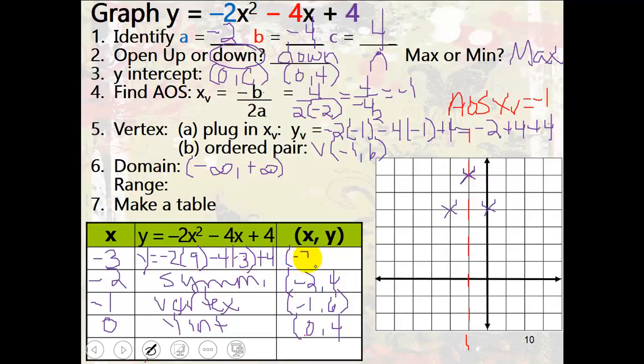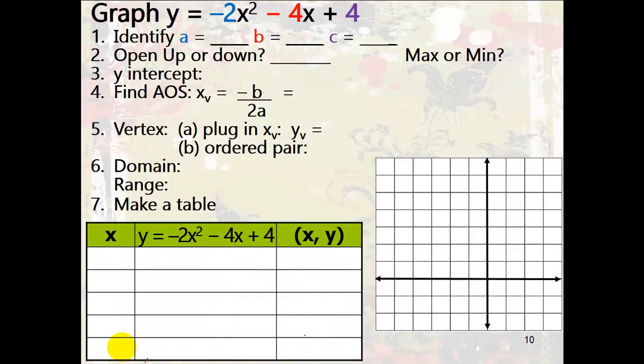So I get negative 3, negative 2, which means that I'm also going to get, if I count two spaces, so here's 1, 2, and I'm at negative 2. If I count two spaces, 1, 2, I'm also going to be at negative 2. So this is going to be 1, negative 2. Okay, I used symmetry to get there because my controls were in my way. And there we go, just like that. This should go through this point right here.